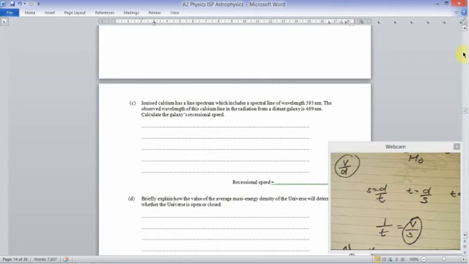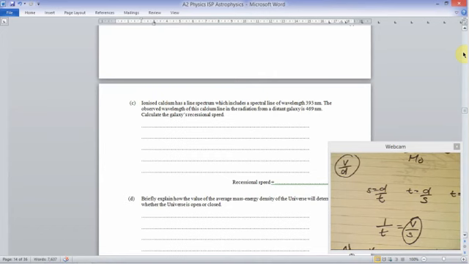So it's 76 times 10 to the minus 9 divided by 393 times 10 to the minus 9. Oh no, it's a times, it should be divide.